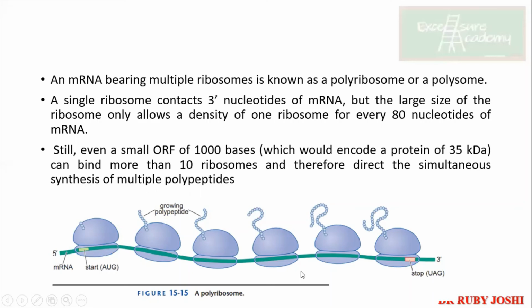This entire thing is known as a polyribosome, or polysome. So what does it mean? A single mRNA, but multiple ribosomes attached. Let us say that here 6 ribosomes are there. It means at the end of this translation, I'm going to get 6 molecules of the protein. Clear? Is this clear? Polyribosome?